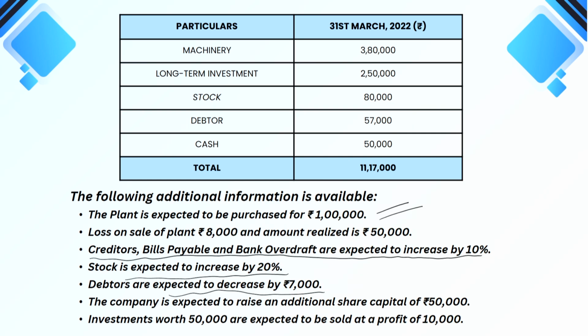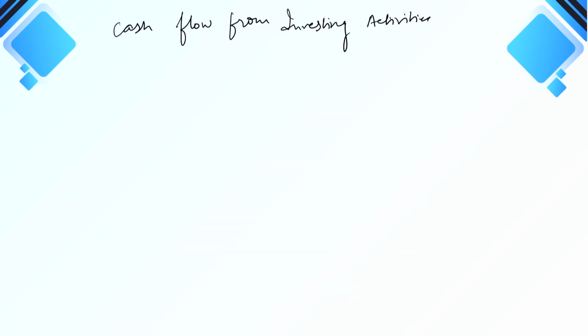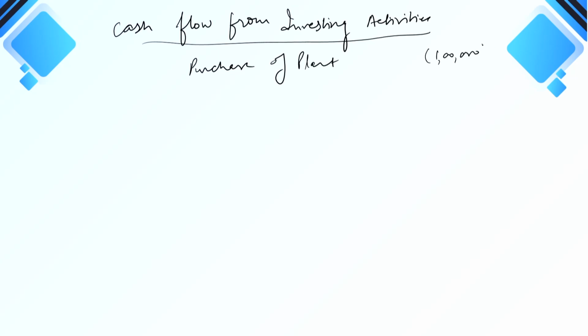So this expectation is required to be treated here in the investing activities in the form of purchase of plant. As you know, if we are going to make a purchase of the plant, it means the outflow of the cash. So we keep it in a negative term.